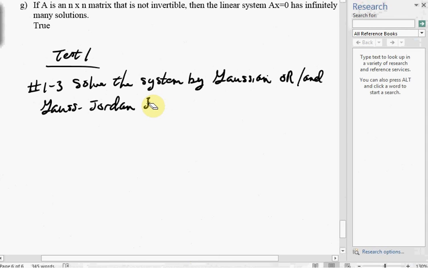Number 4, solve the system by inspection.